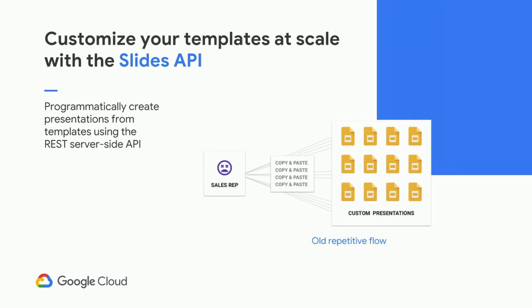The sales associate needs to have the same pitch deck that they tweak slightly for various customers. This customization is not fast and often prone to human error. You make a copy of the template, change the name of the customer, the corresponding data, and then you do that one slide deck at a time, over and over again.